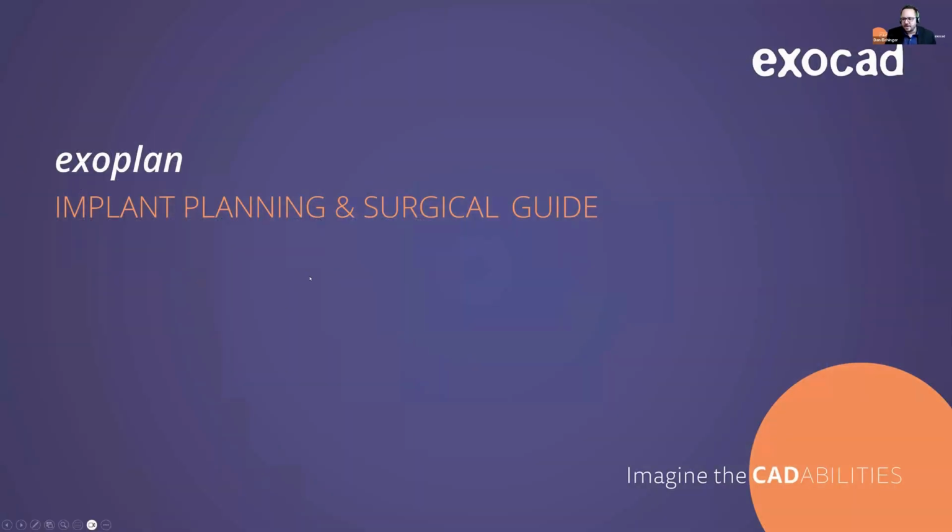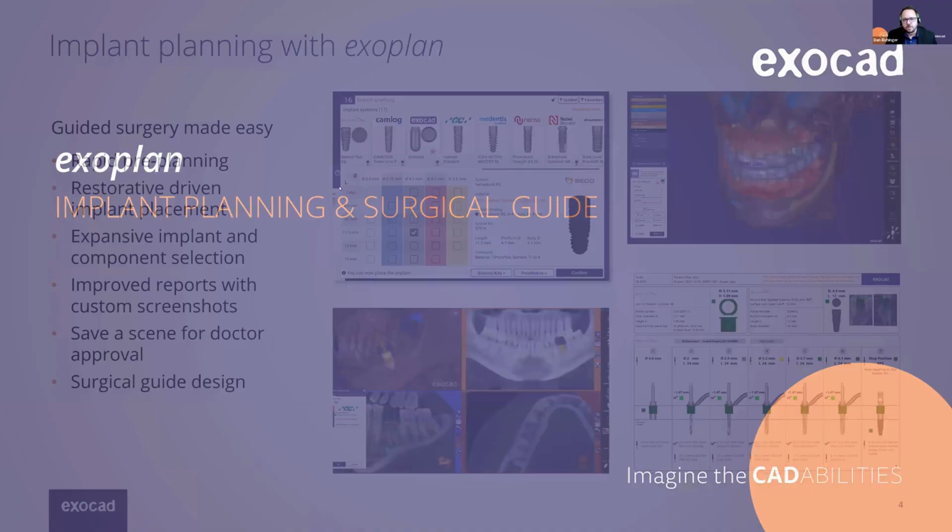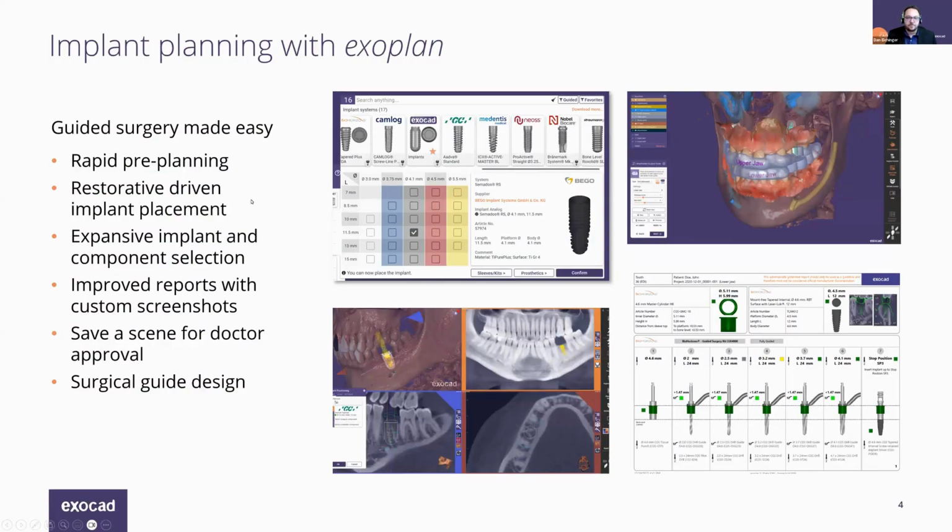So for today's session, we're going to be covering surgical guides and bite splints. I've got a couple of slides here to discuss what we're going to cover. With ExoPlan, we're going to cover our implant planning workflow all the way through creating a surgical guide.